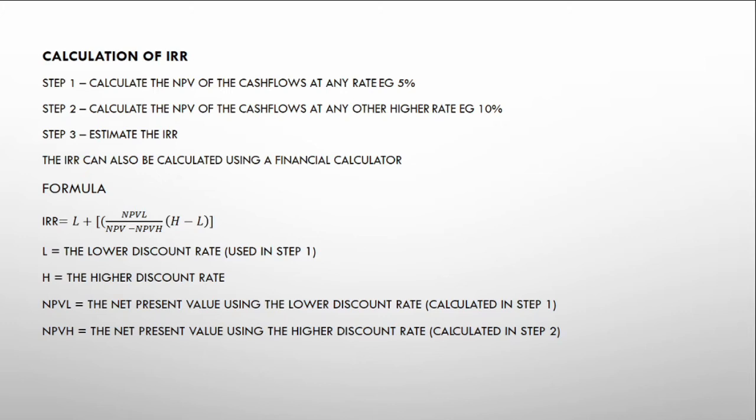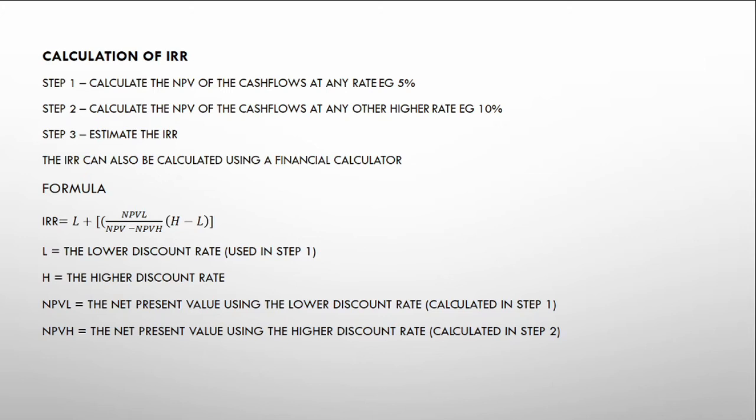So if you look at the formula there, L equals the lower discount rate used, and this is the discount rate that we calculated in step 1. H is the higher discount rate which was used in step 2. Then if we look at the net present value of L, this is the net present value using the lower discount rate, which we calculated in step 1.